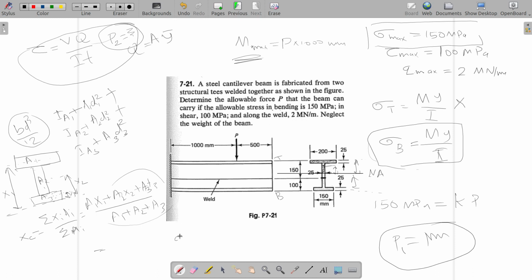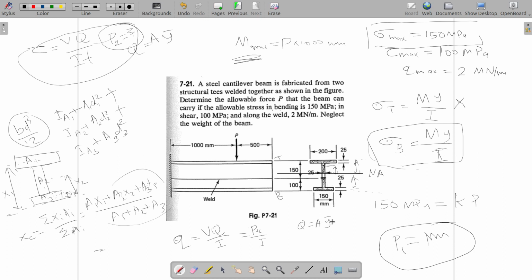So the equation for shear flow is that Q is equal to VQ by I. So here V is equal to P, and I have already calculated. And what is Q? Q is again A y bar. What is A? A is the area below the weld point. This is A. Q is equal to A y bar. This is the A here.